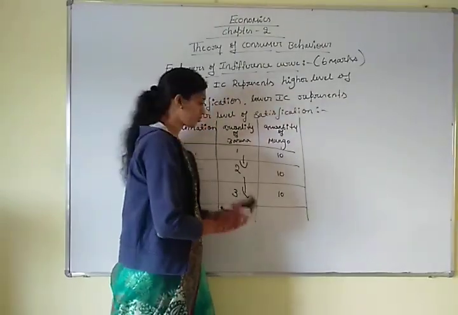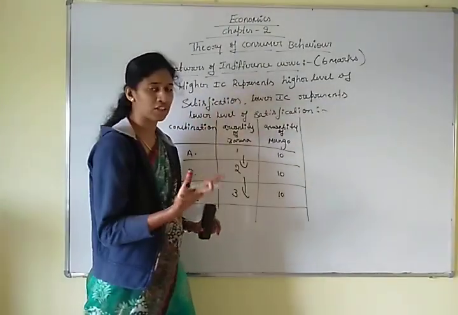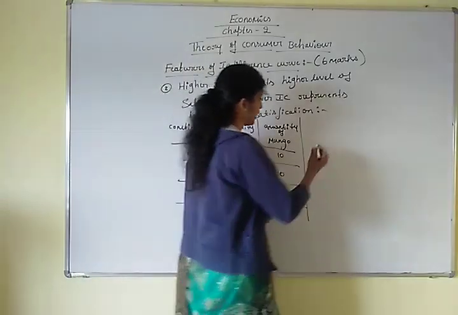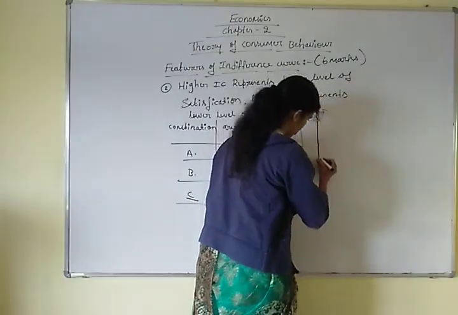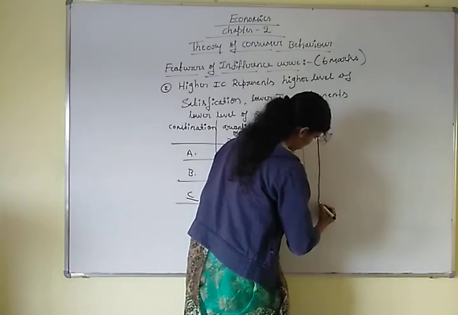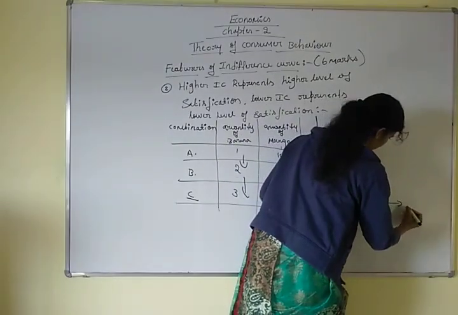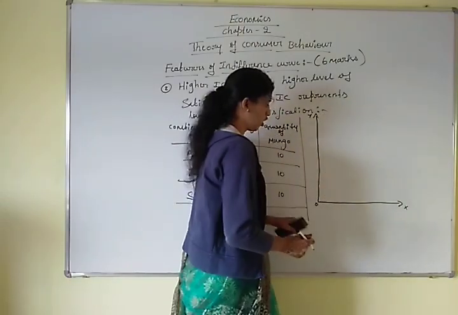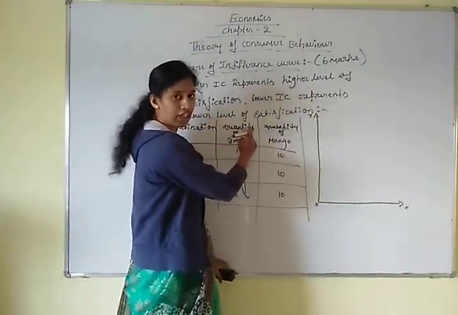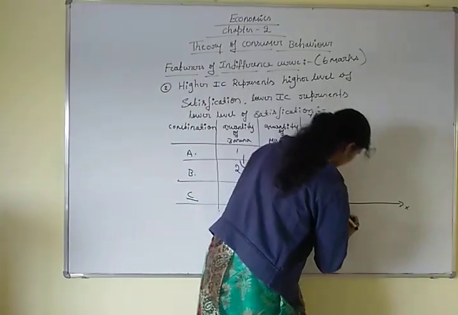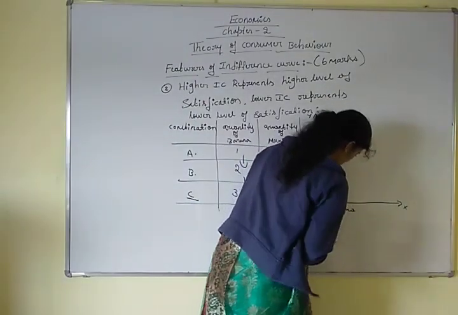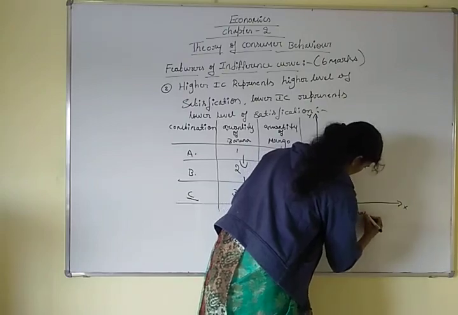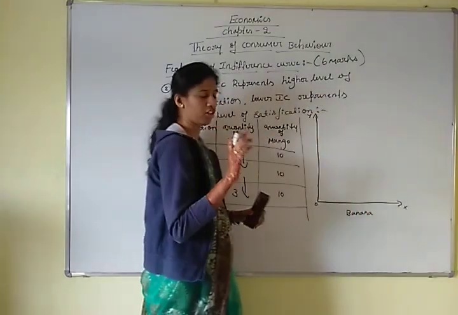Okay, understood? We can explain with the help of the diagram, with the help of the table. In the diagram, OX axis and OY axis. OX axis represents quantity of banana.